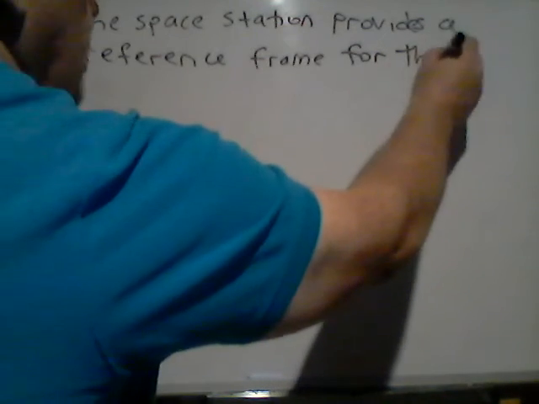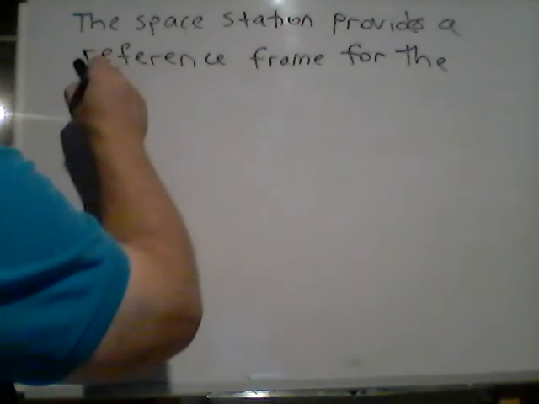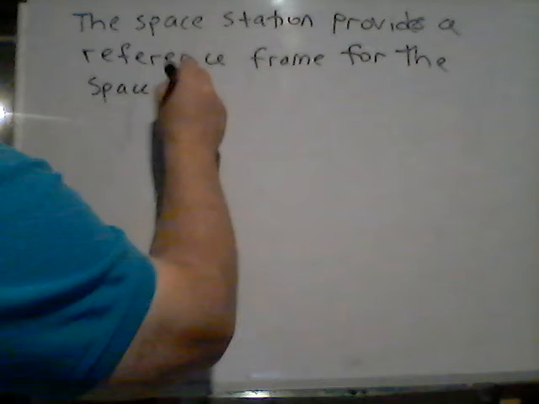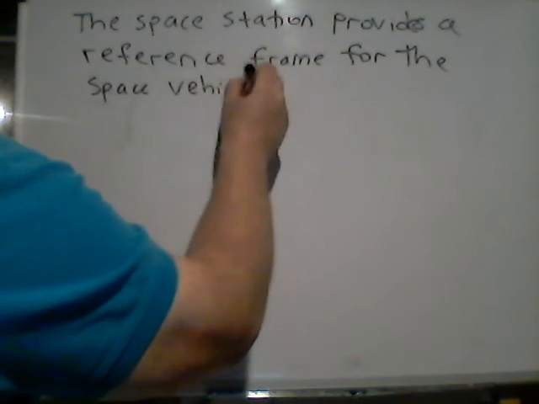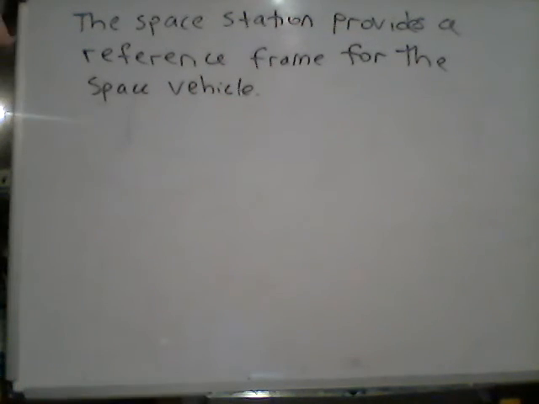You have to always have a reference frame when you do a problem. Your velocity with respect to what? So again, you have to always be talking about some sort of reference frame. Again, as we talked about in our chapter 2 lecture, everything depends on the coordinate system that you lay down.